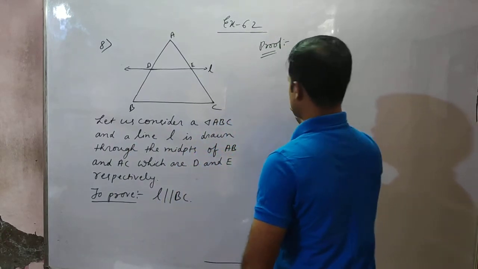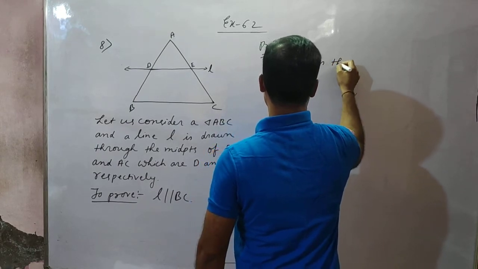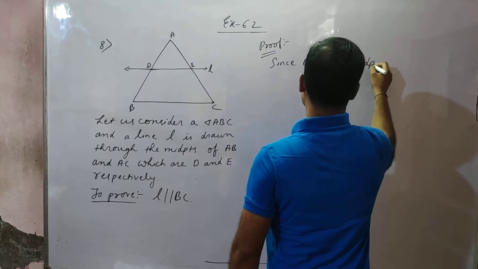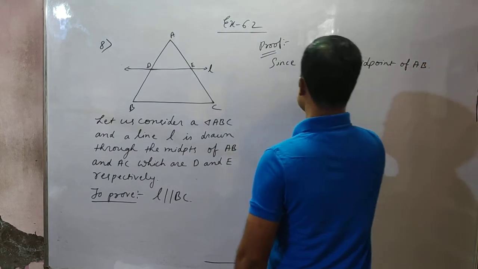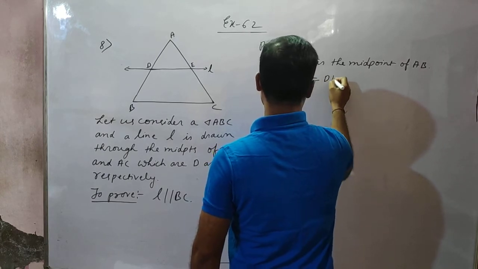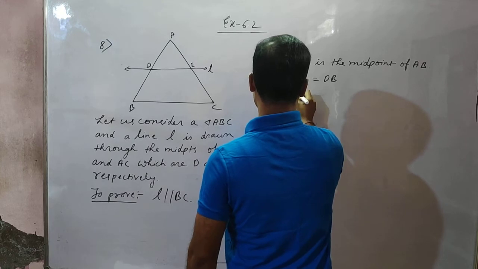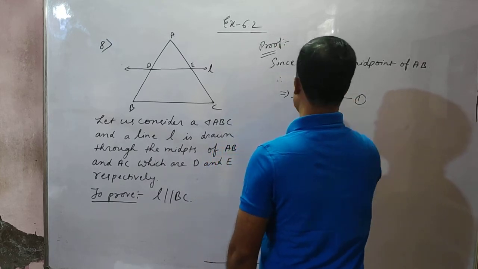Okay, so since D is the midpoint of AB, therefore AD is equal to DB. So I can write AD by DB is equal to 1, mark number 1.